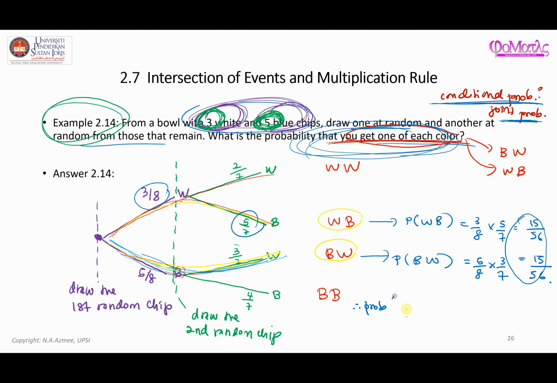Therefore the probability you get one of each color is going to be 30/56. And if you want it in terms of numbers, in 4 decimal places, this is equal to 0.5357.